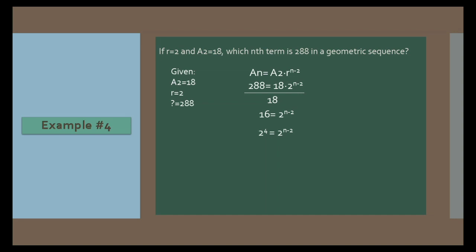So, kukunin ulit natin yung mga exponent nila, which is yung 4 is equal to n minus 2. So, ayan siya. Itatranspose ulit natin yung 2 sa kabilang side, and our n is 6. So, 288 is 6th term.